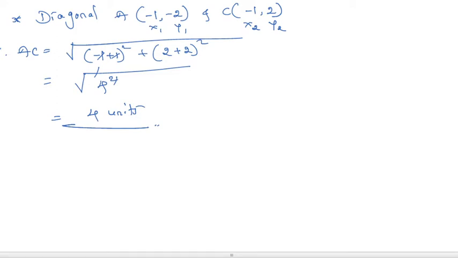Now take another diagonal. Here consider another diagonal BD. The coordinates of B are 1 comma 0, and the coordinates of D are minus 3 comma 0.